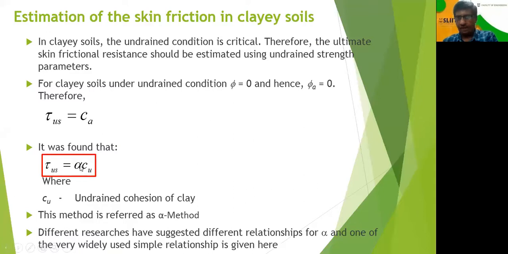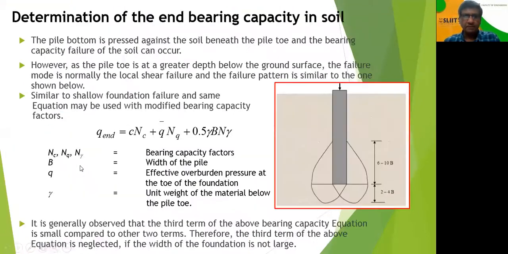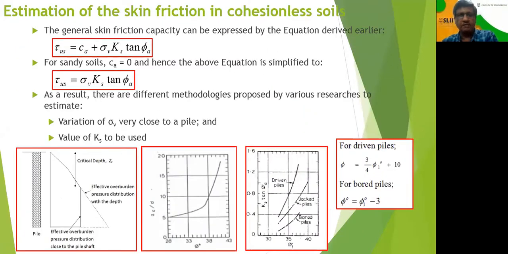The alpha value is based on the curve developed in Bowles' textbook, which is the relationship between the ultimate skin friction and the cohesion value, basically the shear strength value. That is the relationship that we will be using in this particular case.